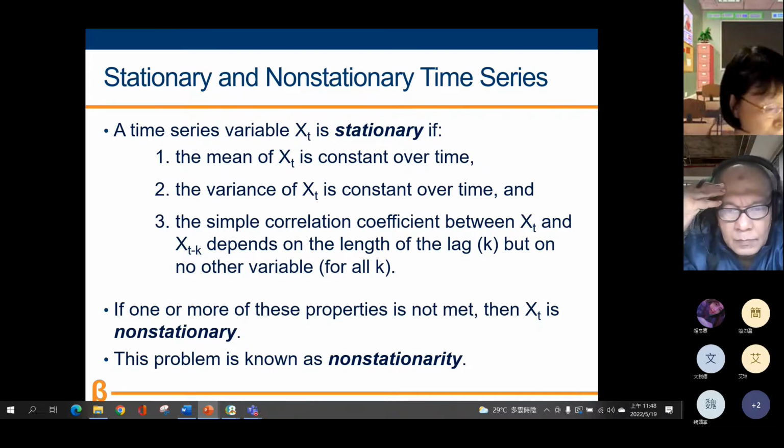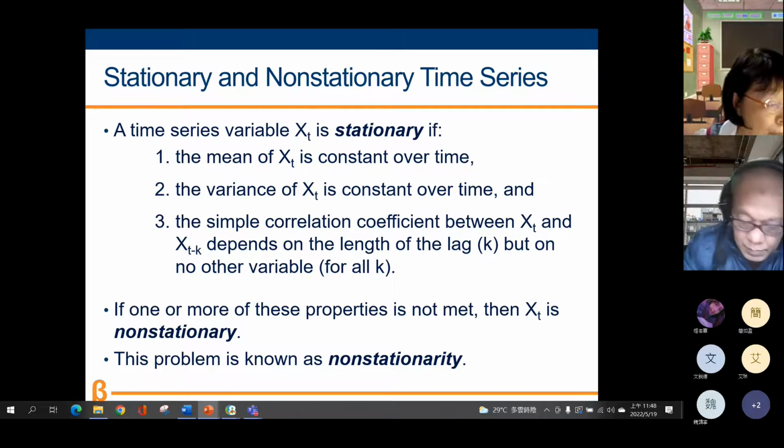In other words, if we have the time series xt, for example, and xt is non-stationary, we can study the behavior only for the period under consideration.